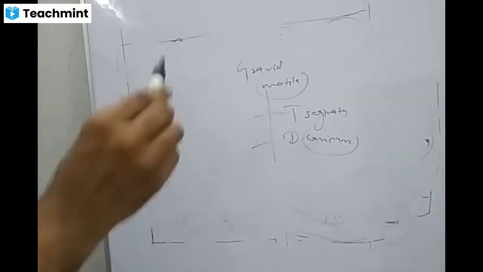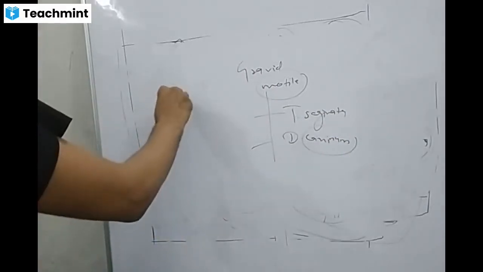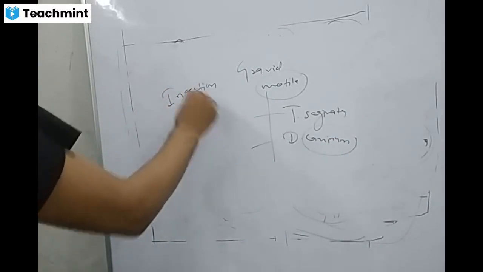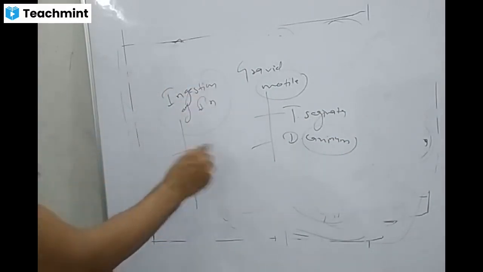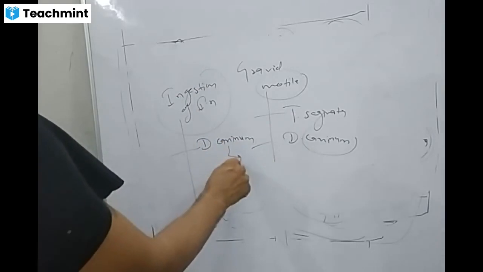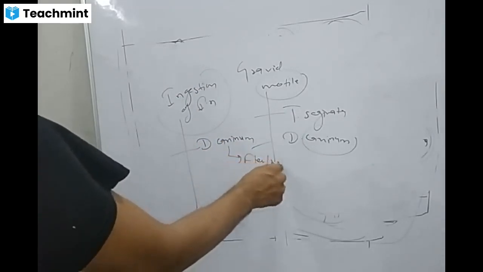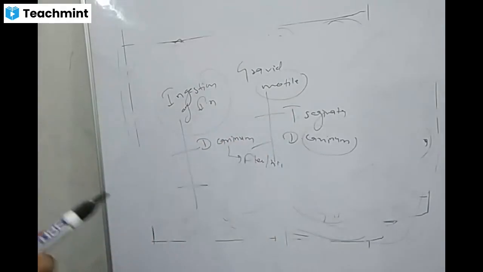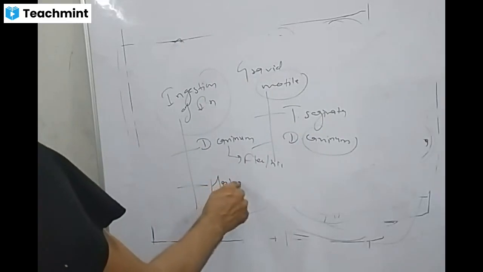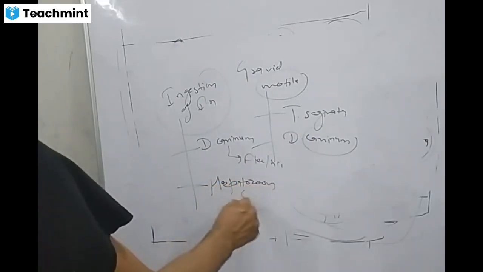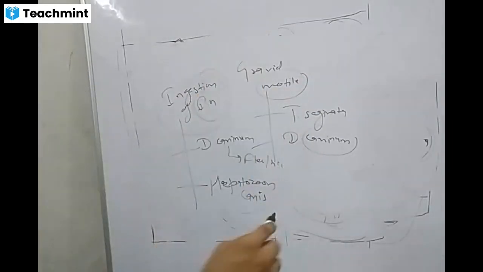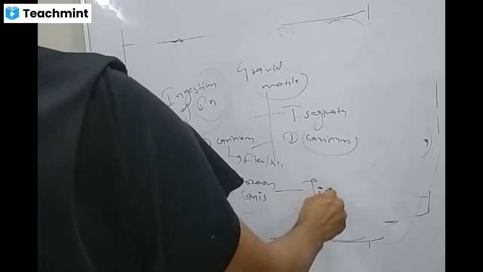If they ask in which of the following parasites the mode of infection is ingestion of intermediate host, there are two. One is Dipylidium caninum, eating flea and lice, and the other is not a cestode but a protozoa, called Hepatozoon canis, in which ingestion of intermediate host, which is nothing but ticks.